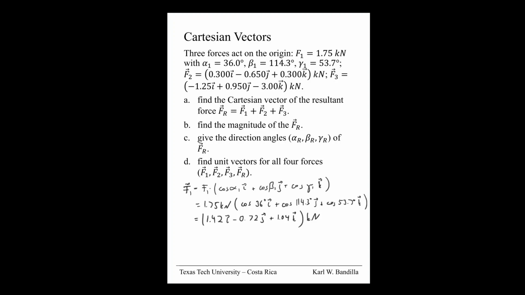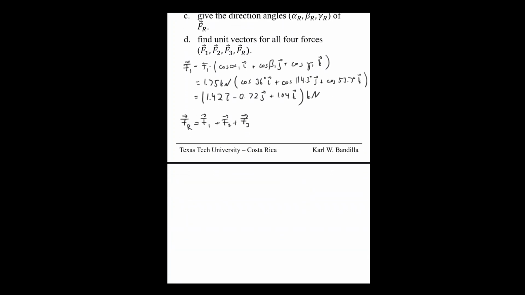Now if we want to get Fr, our resultant, that's just going to be F1 plus F2 plus F3. They're all Cartesian vectors, so they'll be easy to add together.